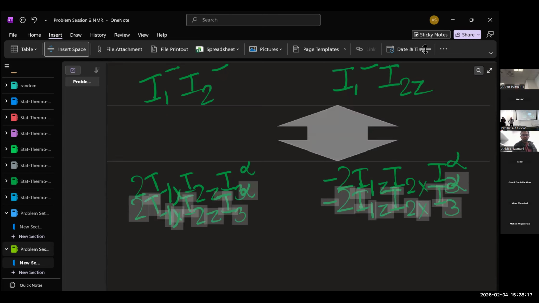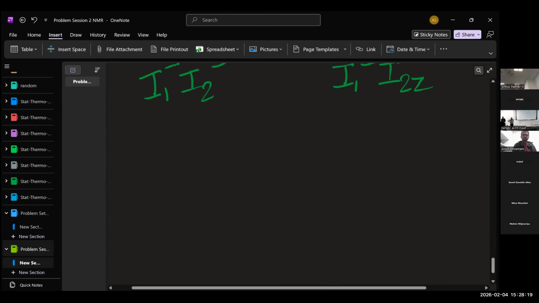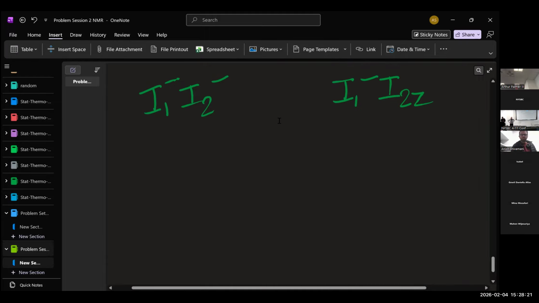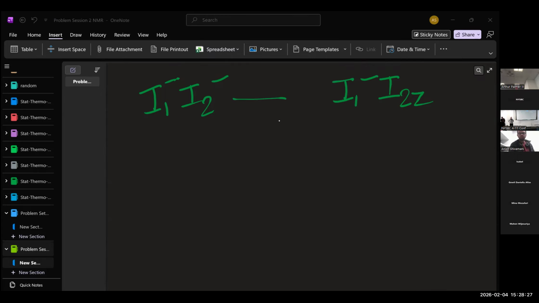And so what you're looking for is a pulse with a rotation angle beta and a phase phi. You're going to try to work those out so that you get the most signal. You won't get one, you'll get some fractional amount that can be transferred.